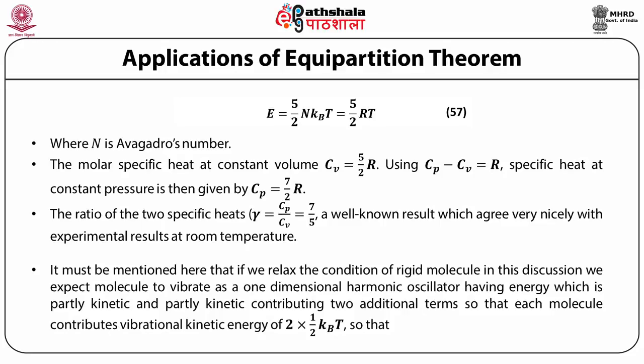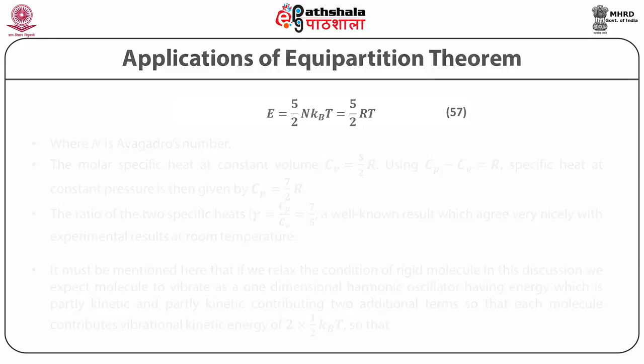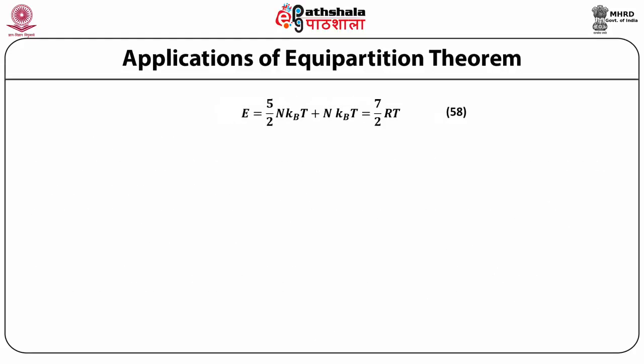It must be mentioned here that if we relax the condition of a rigid molecule in this discussion, we expect the molecule to vibrate as a one-dimensional harmonic oscillator having energy which is partly kinetic and partly potential, contributing two additional terms, so that each molecule contributes vibrational energy of 2 × 1/2 kB T, so that E = 5/2 N kB T + N kB T = 7/2 RT.